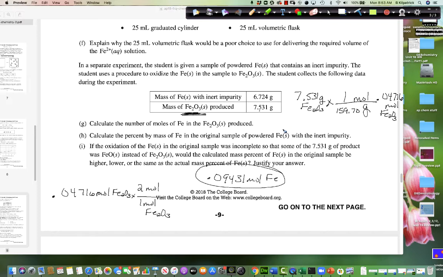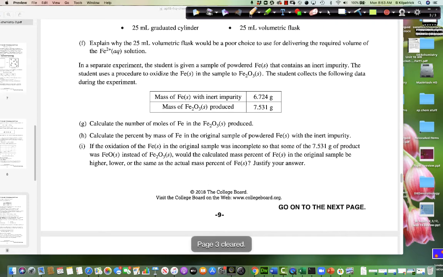All right, the next question says calculate the percent by mass of iron in the original mixture. Okay, so now what we're going to do is we're going to take what we did in part G. So you would get follow-through points for this too. So let's say that you calculated G incorrectly, but then you did H correctly with that number, you'd still get the point. So it's 0.09431 moles of iron. Go to grams.